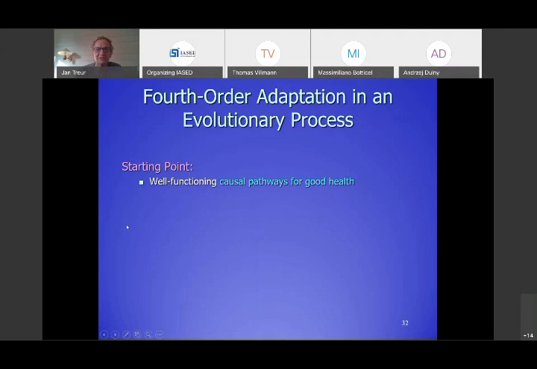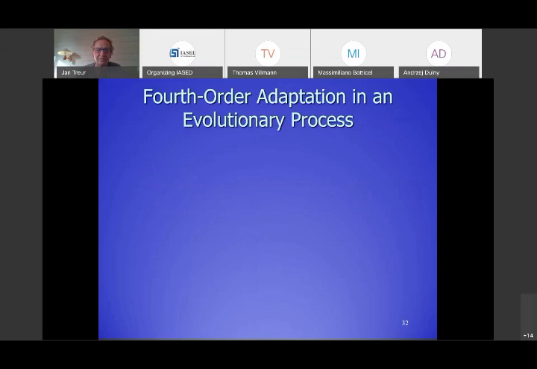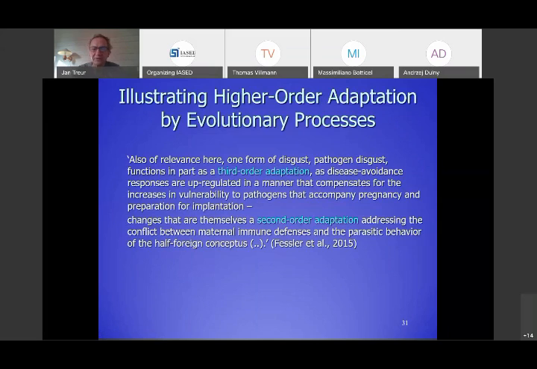So this is some fragment of a paper of Fessler et al. And they describe that there are some things, it's called disgust, what is happening during pregnancy, that you can consider as a third order adaptation.